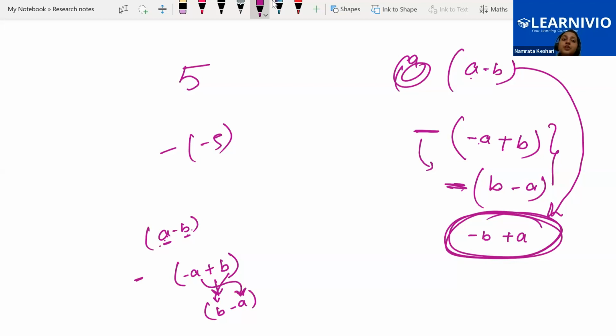See, you must understand minus 3 plus 8 and 8 minus 3 is the same thing. That's why I am saying that minus A plus B and B minus A is the same thing with the negative sign out, of course. Are you getting it? Yes. Okay, we have not done any change, just the representation we have changed.